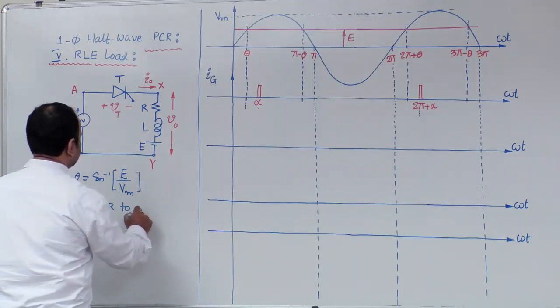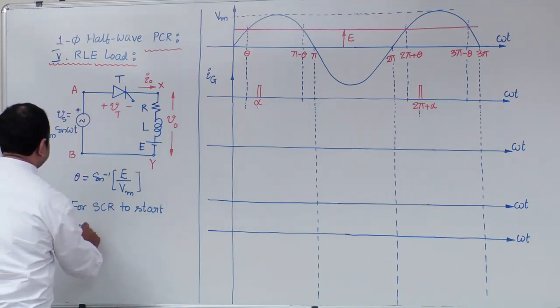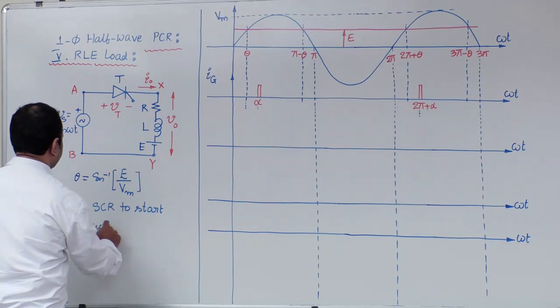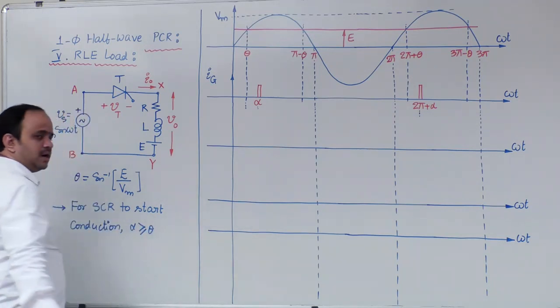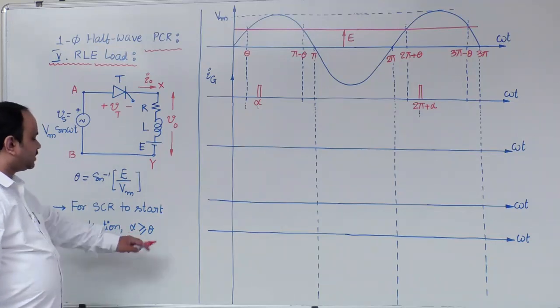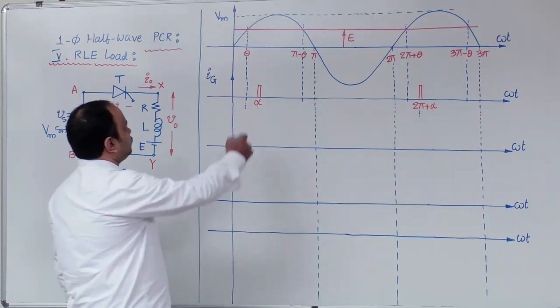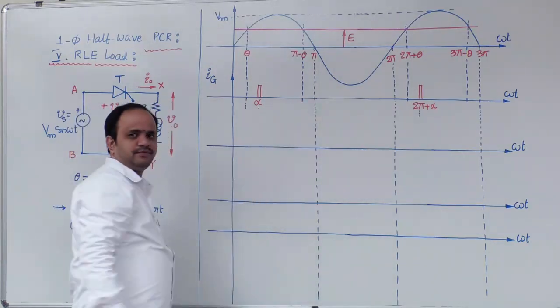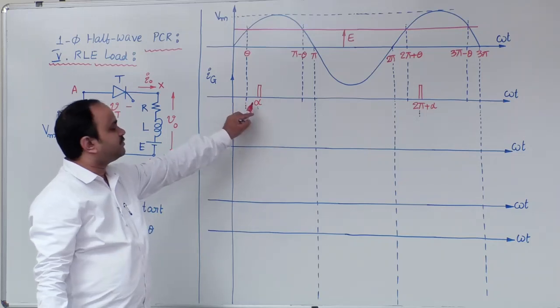For SCR to start conduction, alpha should be greater than or equal to theta. So if you see these waveforms here, alpha is given in such a way that it is after theta.